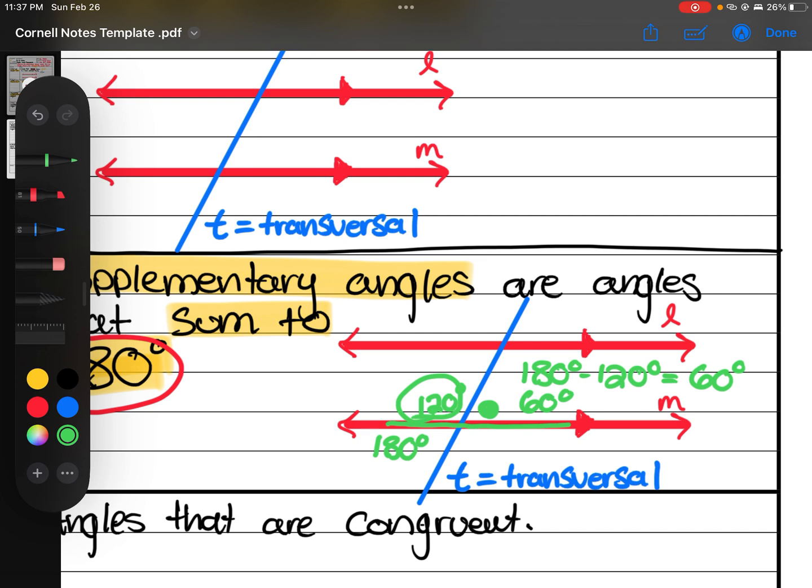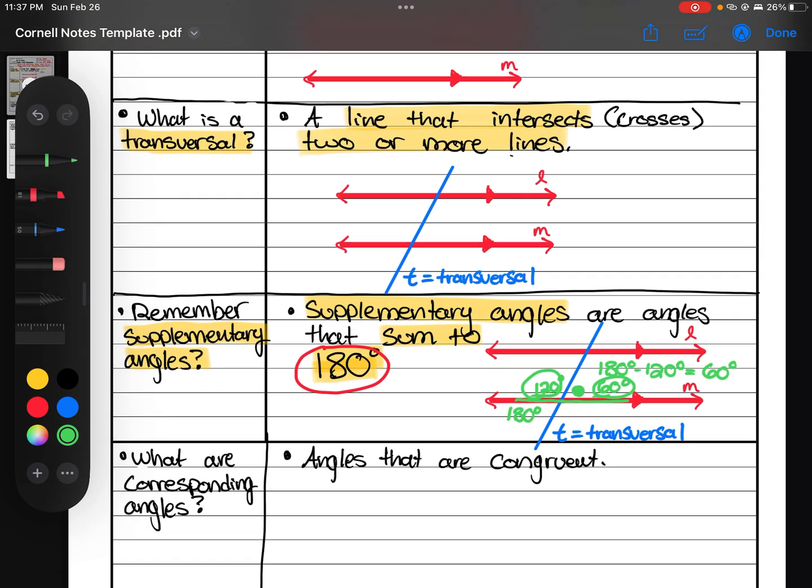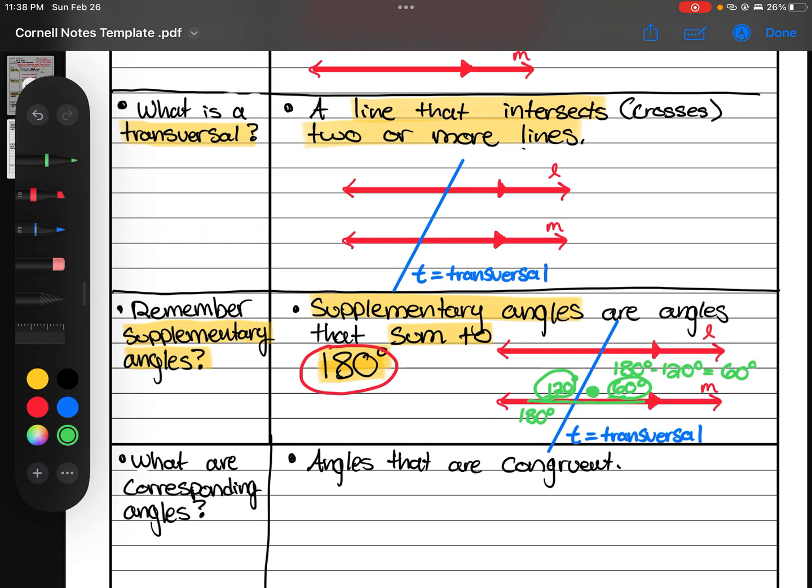These two angles here would be considered supplementary because they sum to be 180 degrees. Make sure you have your 180 degrees starred, circled, whatever you need to do just to help yourself remember that that is the sum of two supplementary angles, 180 degrees.